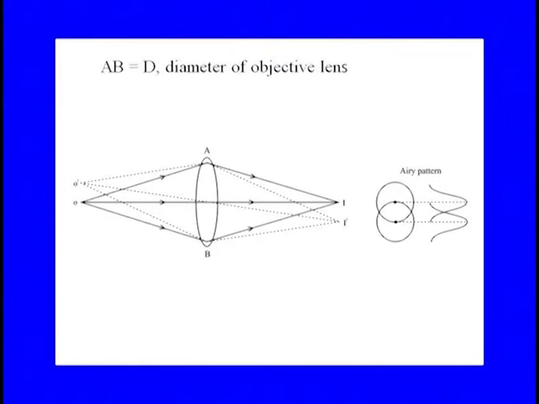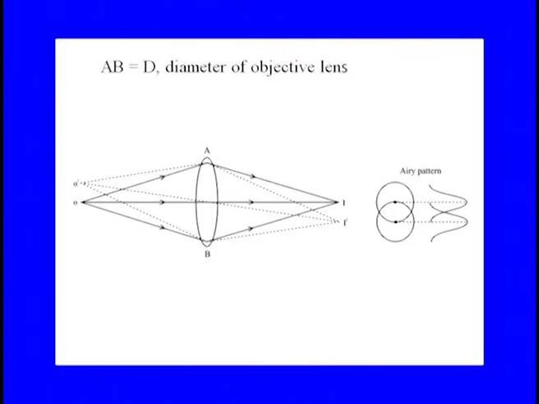Therefore, a diffraction pattern corresponding to each object is formed in the focal plane of the objective. Each image is a diffraction pattern consisting of a central bright disk bordered by alternate concentric circular dark and bright rings. The center of the bright disk in the diffraction pattern of O is at I, while for O prime it is at I prime.